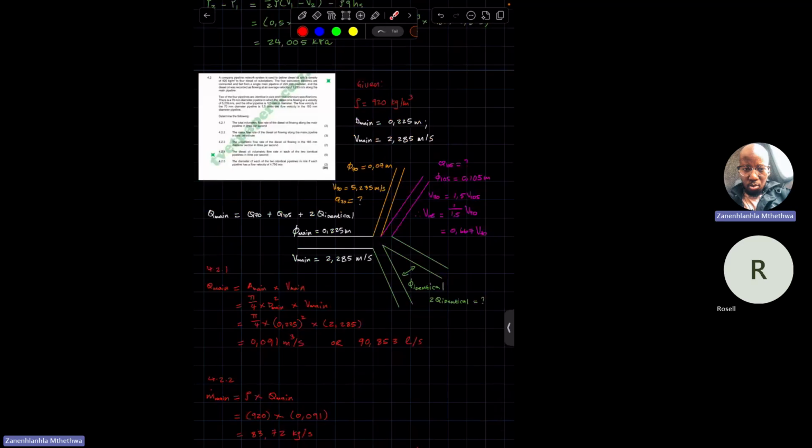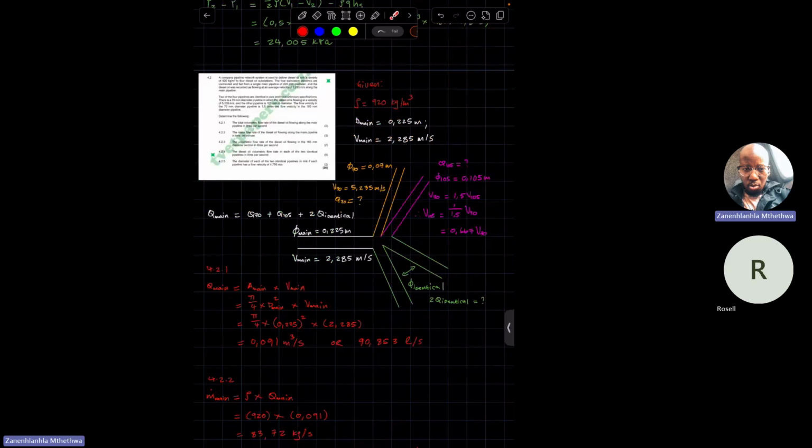So before we get into that, let's first look at the statement, and it reads as follows: a company pipeline network system is used to deliver diesel oil with a density of 920 kilograms per cubic meter to 4 diesel oil substations.